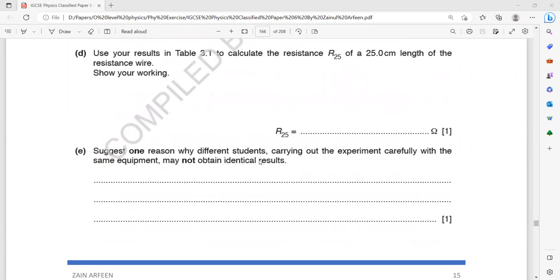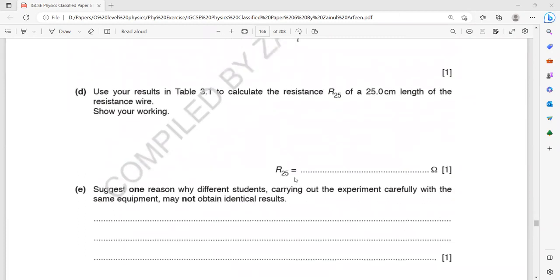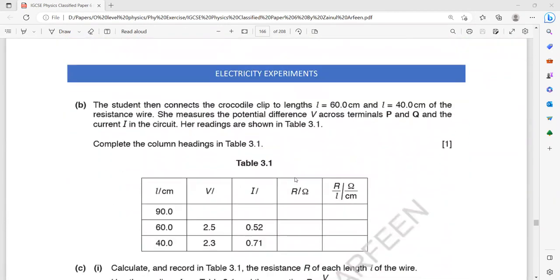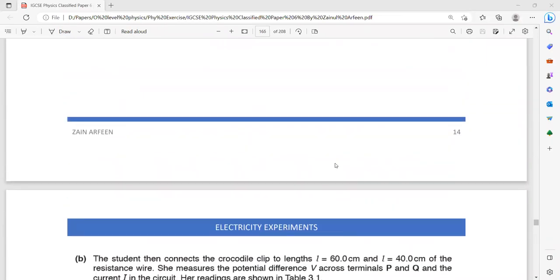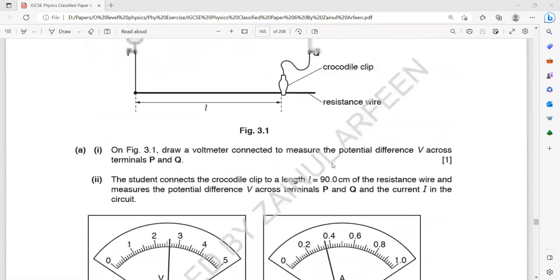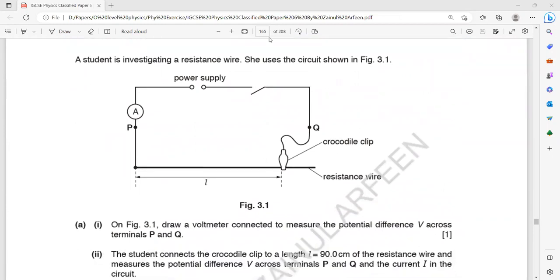Suggest one reason why different students who carry out the experiment carefully with the same equipment may not obtain identical results. For example, student A did the experiment, he was getting 0.08, but student B did the experiment, he might get 0.09, another value. Looking at this circuit, can you identify what might be the mistake that leads to different values?